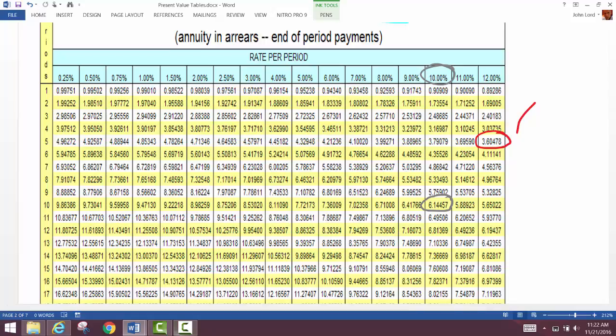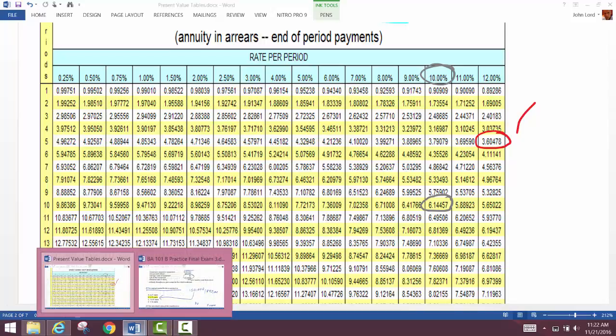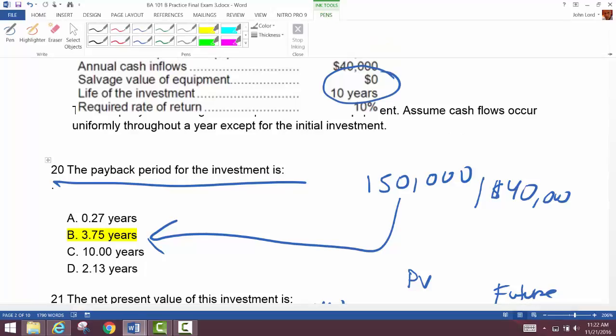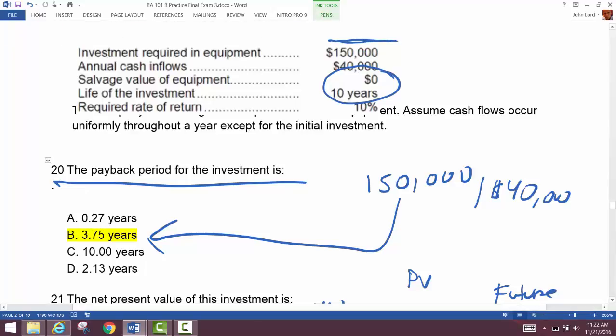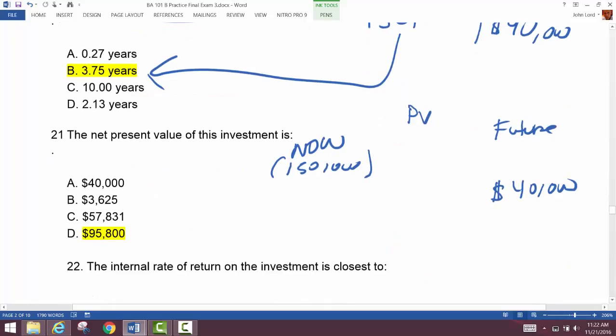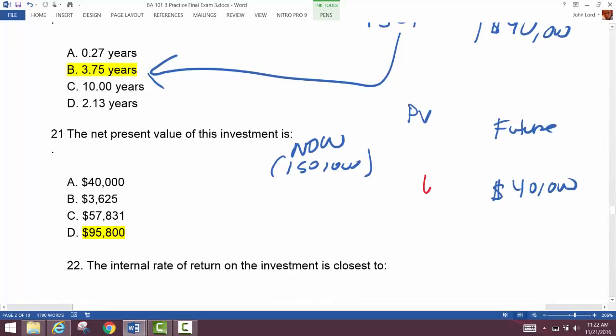So 6.145 times the 40,000 gives me what? 245,800.